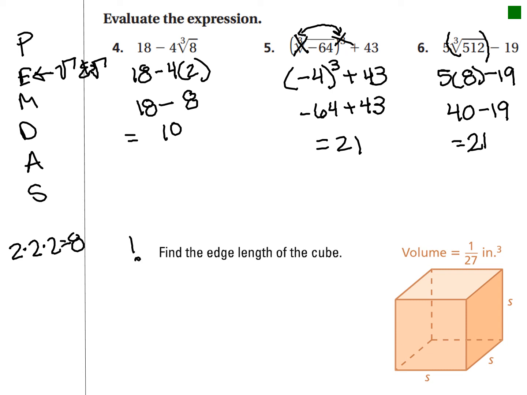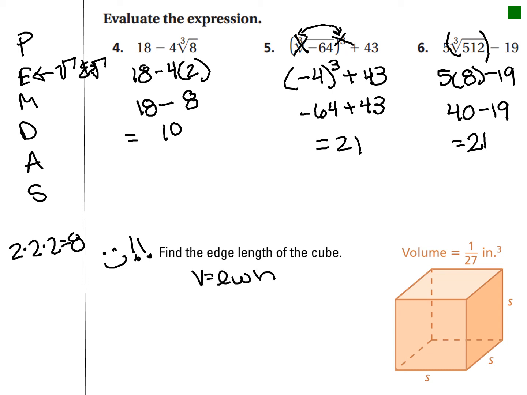Big idea, here's where we all need to get to. This is where I'm really trying to push us to: how to solve using cube roots in equations. We're given the volume, and remember volume is equal to the length times the width times the height.